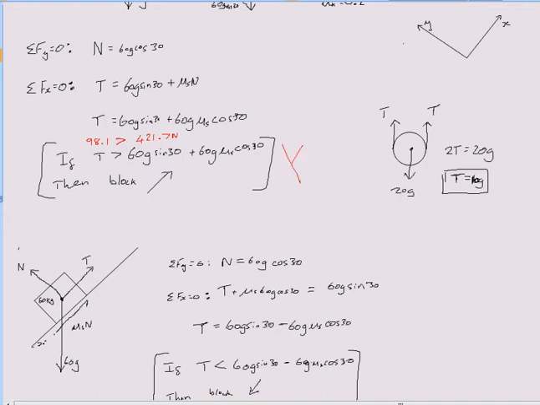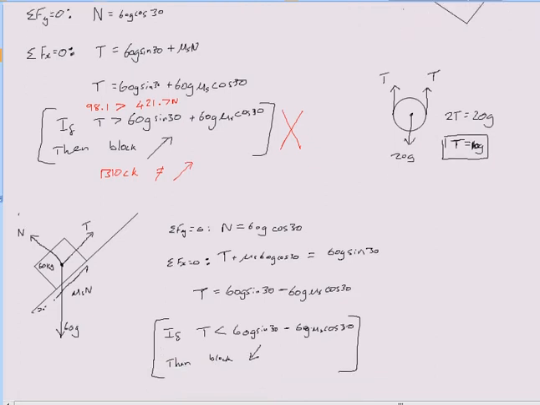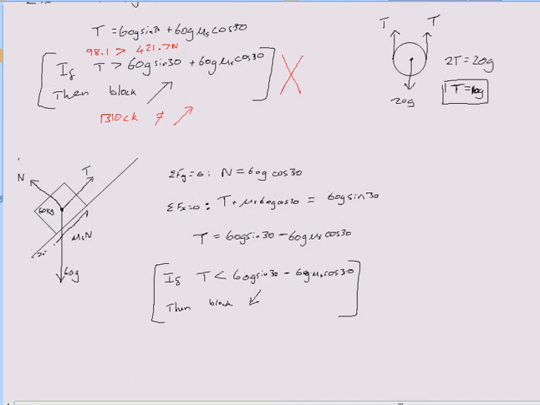All that means now is that the block is not moving to the right. I'll just put not moving to the right. So now we need to check whether the second inequality is satisfied. If it is, that means the block is moving to the left. If not, that means the block isn't moving downwards, which means the block is stationary. So we know that T, which is 10g, is just going to be 98.1, just like before.